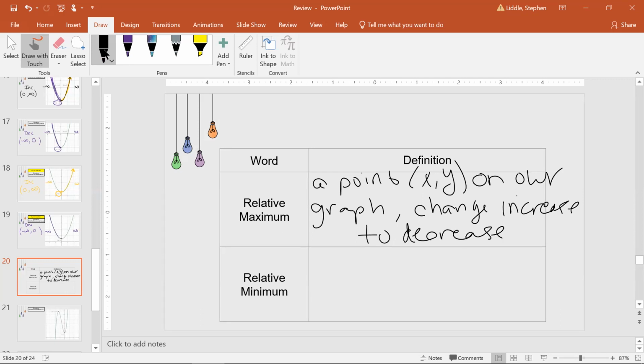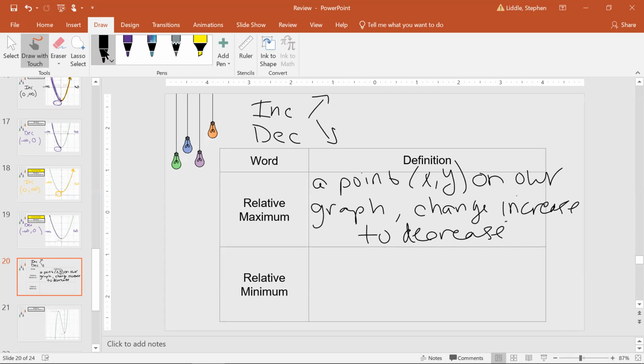Right. So to give you an example, remember decreasing and increasing, we can use the words down and up. So this is where it's important which order it changes from increase to decrease. If you guys remember, increase is going up, decrease is going down.